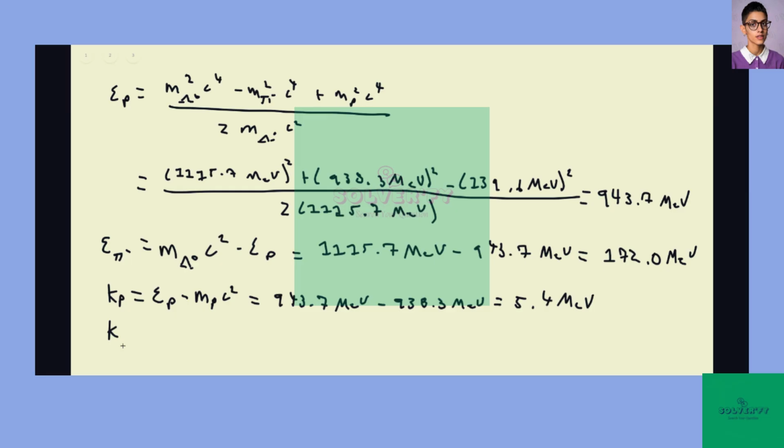And the kinetic energy of the pi meson is equal to its total energy minus its rest mass energy, which is equal to 172.0 MeV minus its rest mass energy, 139.6 MeV, which gives a kinetic energy of the pi meson of 32.4 MeV.